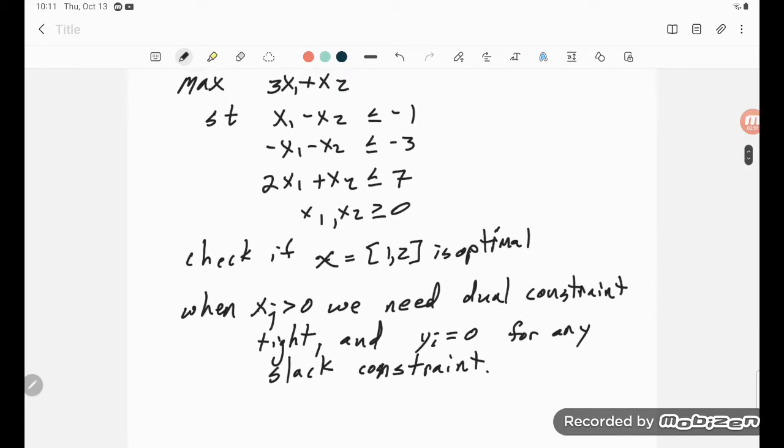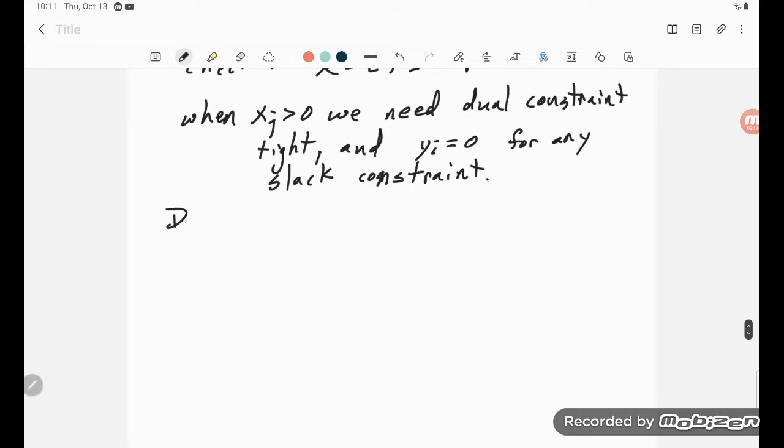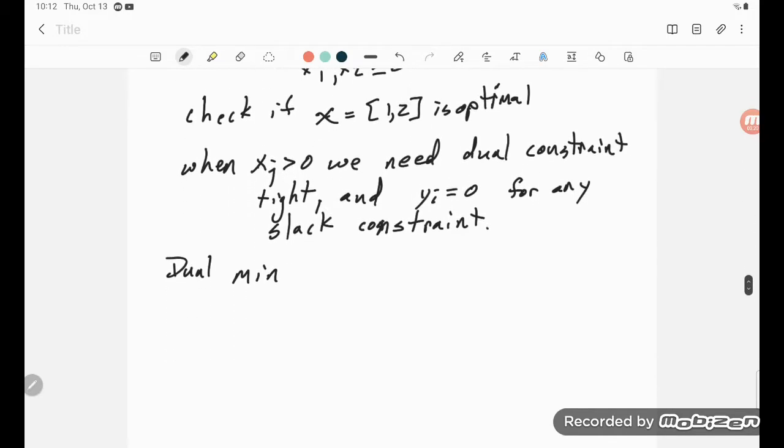So our dual problem, we look here for those coefficients for the y1, y2, y3. So let me write down here dual: minimize, and those were -1, -3, 7.